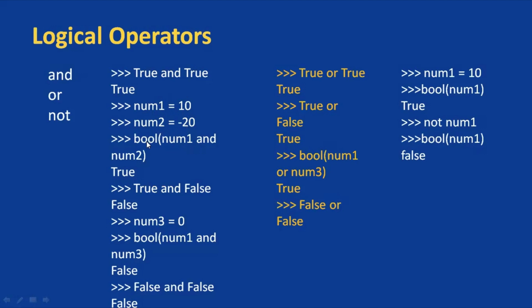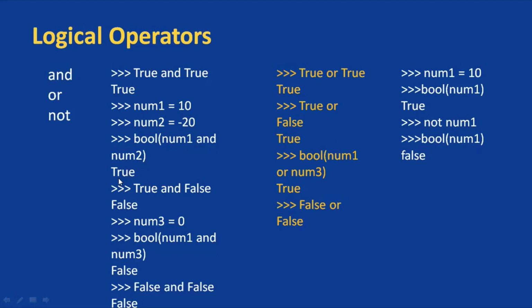I am checking the boolean of num1 and num2. If we do AND on these two, we will get the result true, because 10 and minus 20, if we multiply them, we will get some integer value.